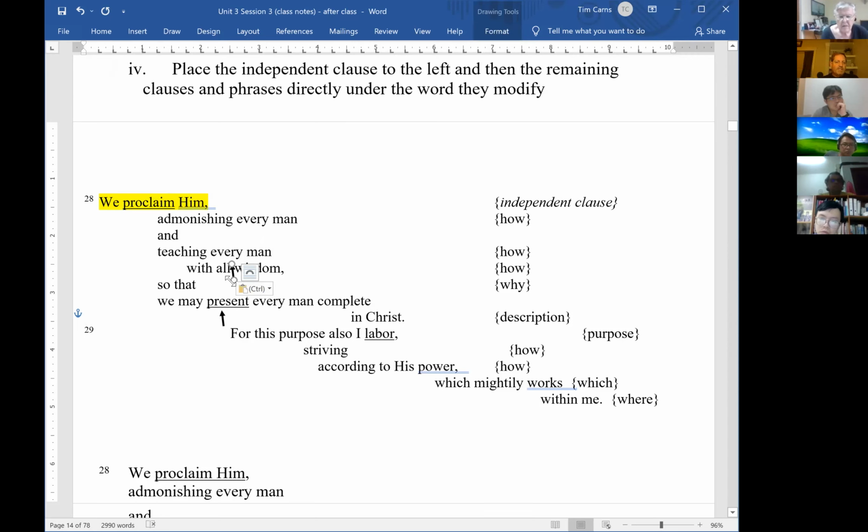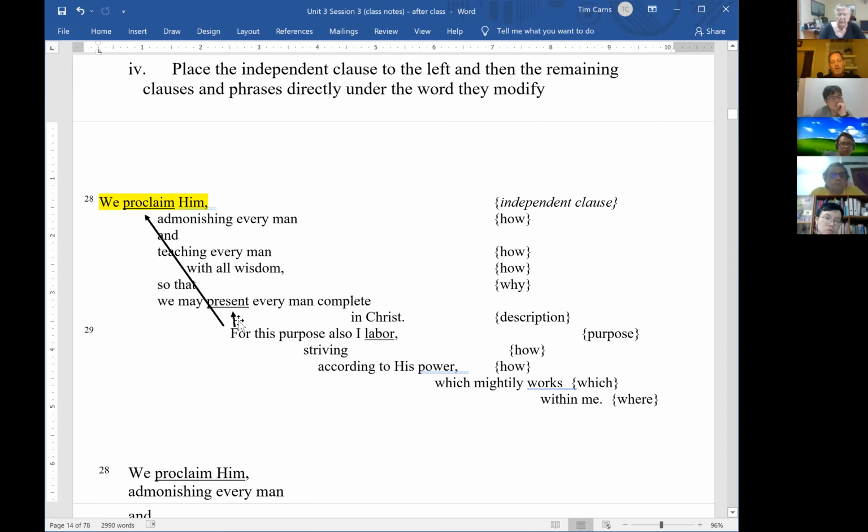So at this stage, just put the possibilities, and I do it by arrows. So for we may present is one possibility, or it could go all the way back to proclaim. Those two arrows are a notation for me that tells me there are a couple of possibilities for this particular phrase.